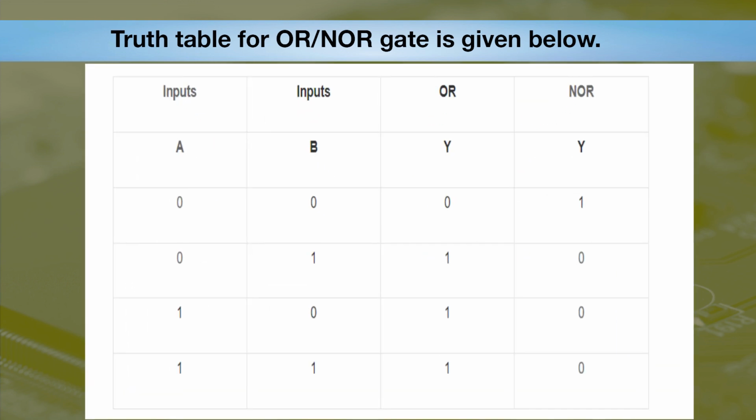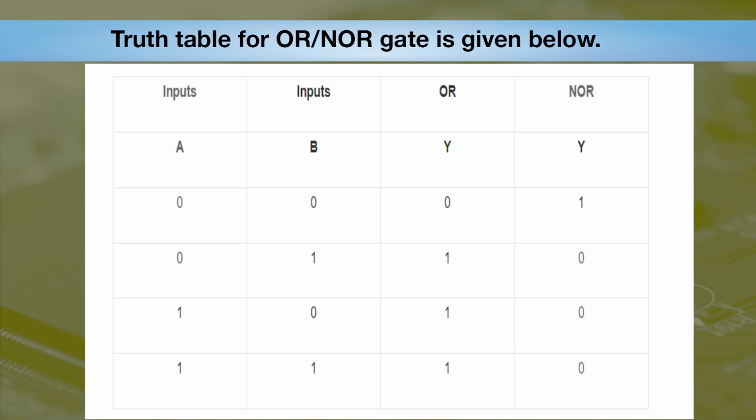When the A and B input value is 0 0, for the OR gate the result is 0, for the NOR gate its result is 1. When the input is 0 1, for the OR gate it is 1 and the NOR gate is 0.